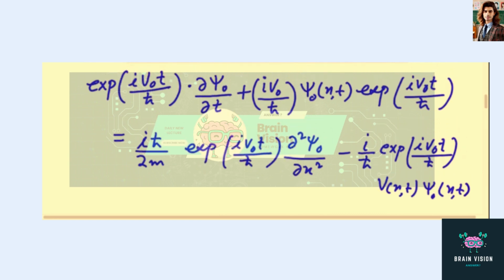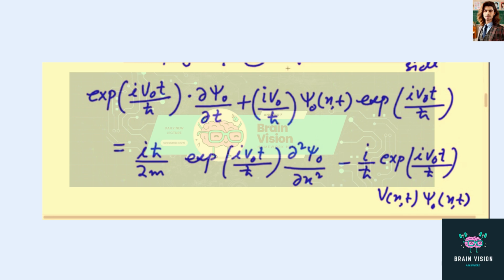And here you can see this left hand side part, suppose this is the first function, then the derivative is second, plus del psi by del t, that is i V naught by h bar, and psi naught xt is constant.